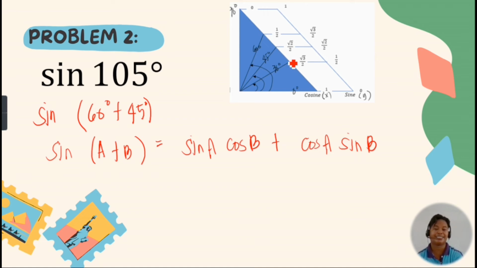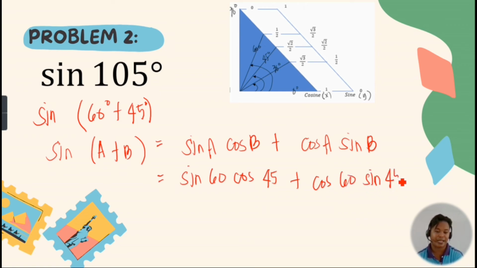So using the stairway method, you can find the value of sine 60 times cosine 45 plus cosine 60 times sine 45 degrees.